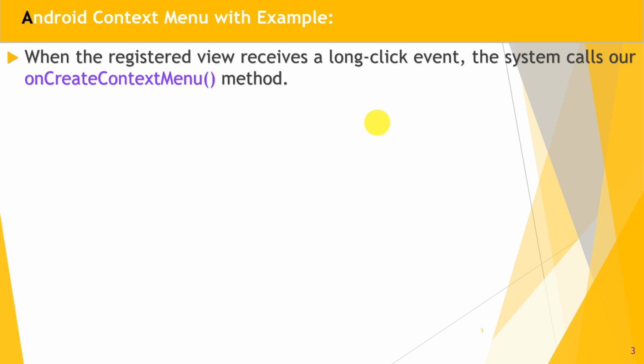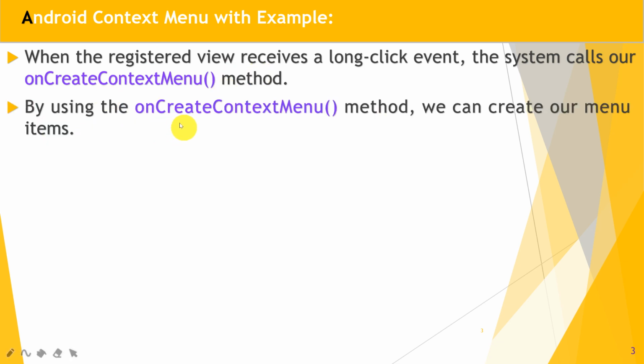Similarly, here when our registered view, suppose a button, receives a long click event, it automatically calls the onCreateContextMenu method, and inside it we can write our action code. Hope you understand how the context menu works. So by using the onCreateContextMenu method we can create our menu items.